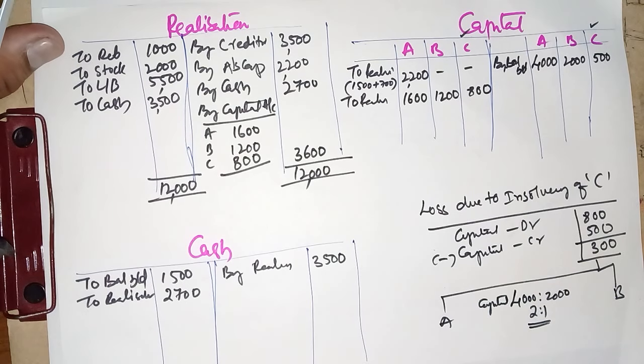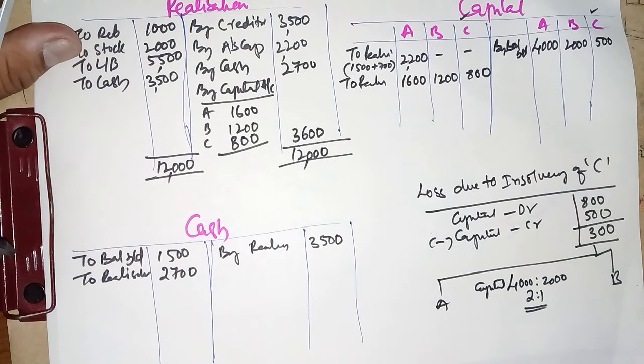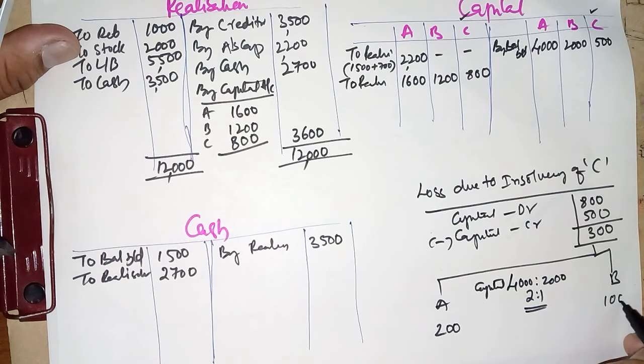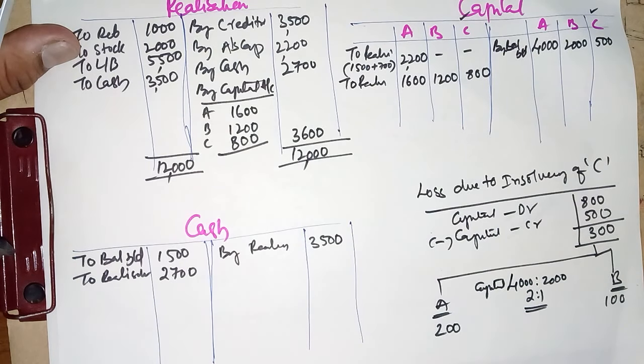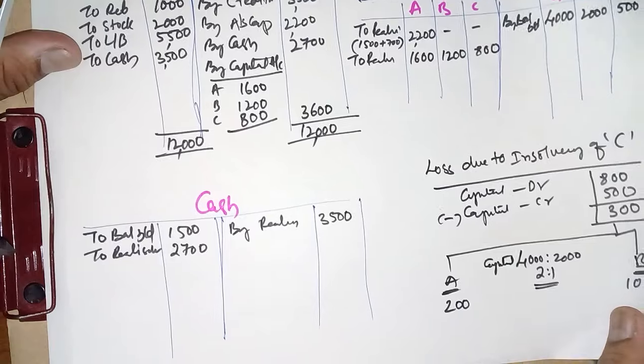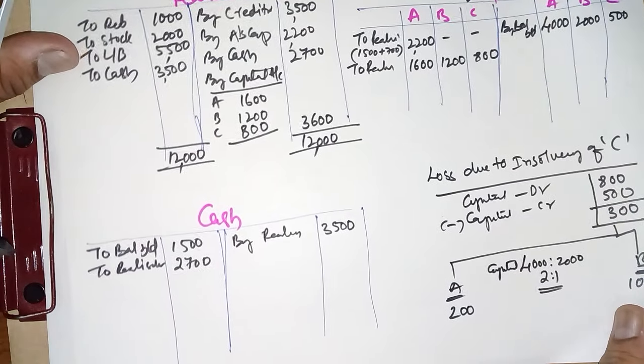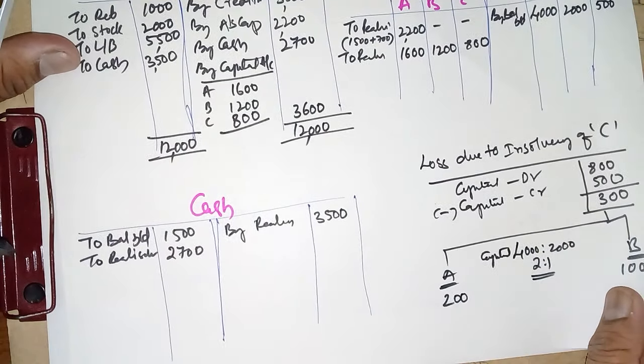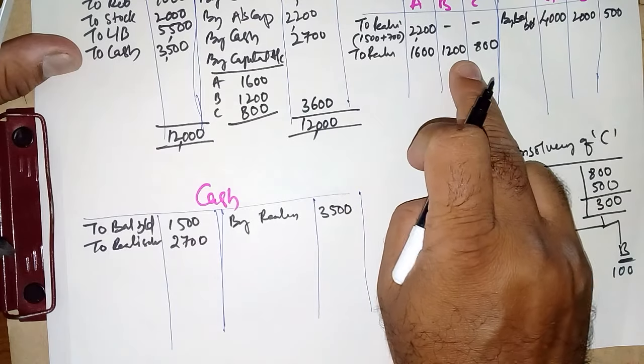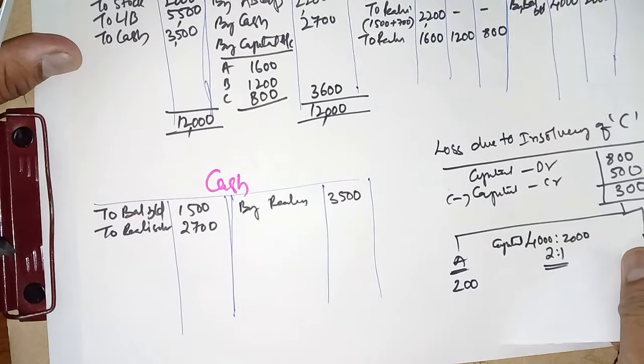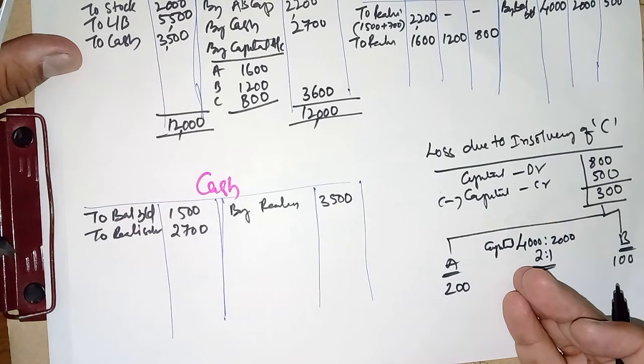So this partner will bear 200 rupees and that partner will bear 100 rupees of the loss. Clear? But prior to this, as we have already discussed, the solvent partners have to prove their solvency by bringing cash, to the extent of the realization loss.